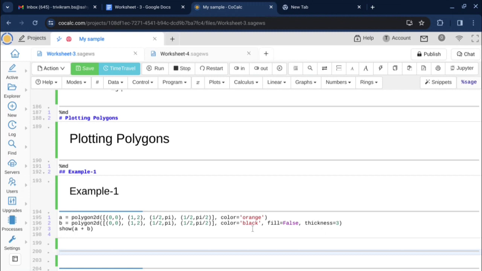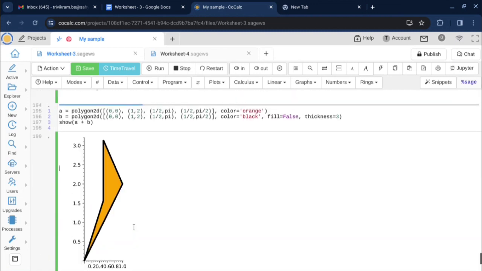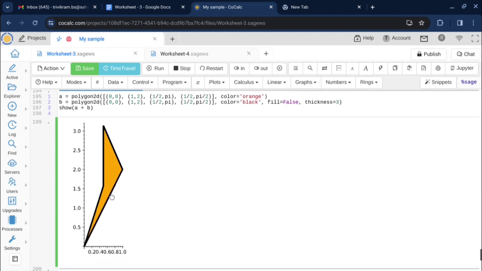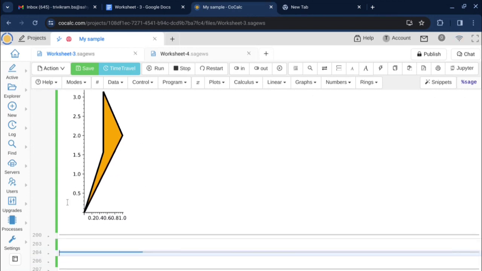I have filled, thickness I have given as 3, show of a plus b. So if you take the 4 points, inside of the graph I have taken as orange, and the outline outside of the graph I have taken as orange, black line, with the thickness of line as 3. So you can draw a nice plot like this.